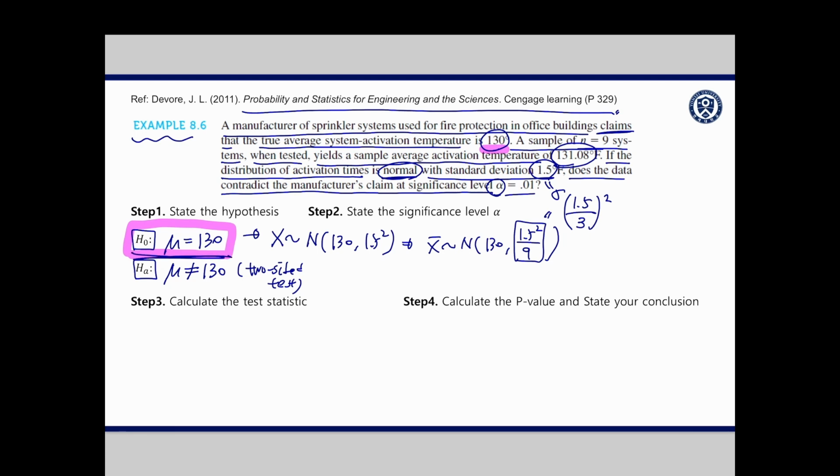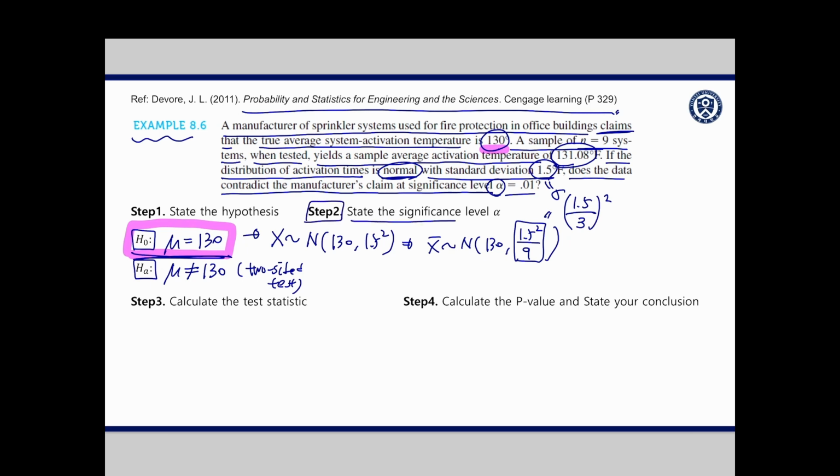Okay, so step 2 is to set the significance level alpha. In this example, we know that alpha equals 0.01.